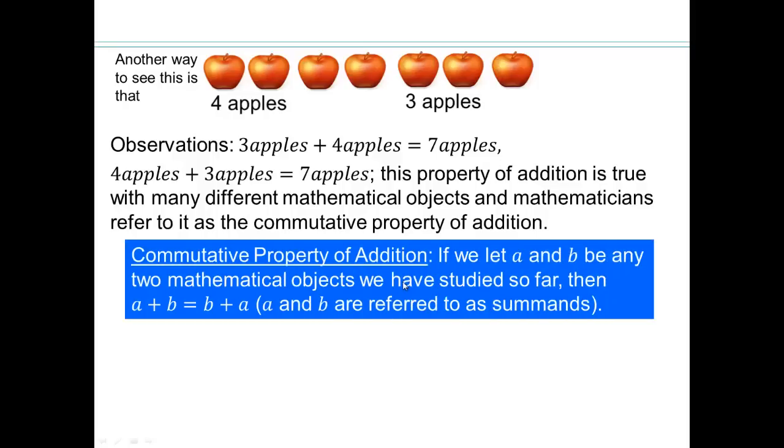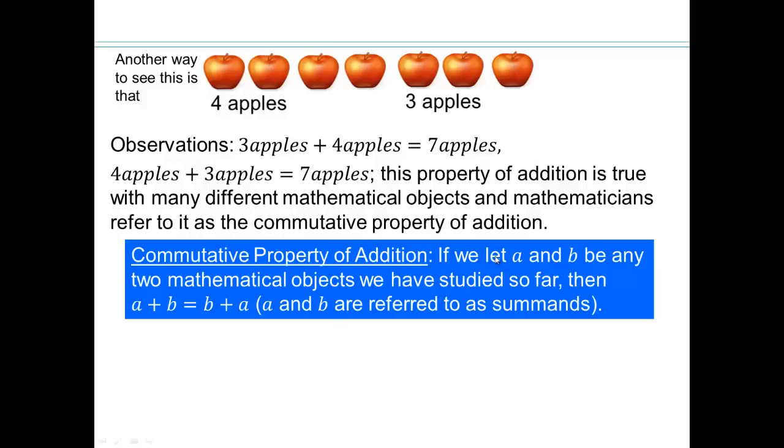That's called the commutative property of addition. These words are going to be important for you to memorize because later on when we ask you to justify a statement, justify your logic or your thinking process on a problem, you should be able to say, I have this answer because I was using commutative property of addition. So you should be familiar with it.